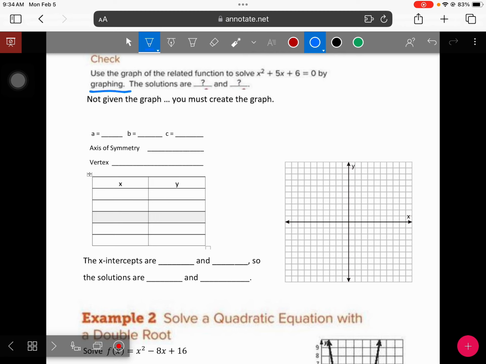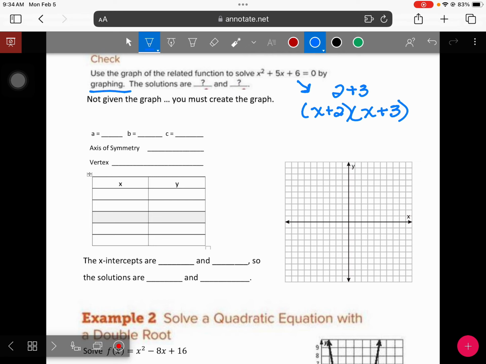Question, if I were to solve this by factoring, can you think of two values that multiply to give you 6 and add to give you 5? 2 and 3. Well, if I were to write those, it would be x minus 2 times x plus 2 and x plus 3.